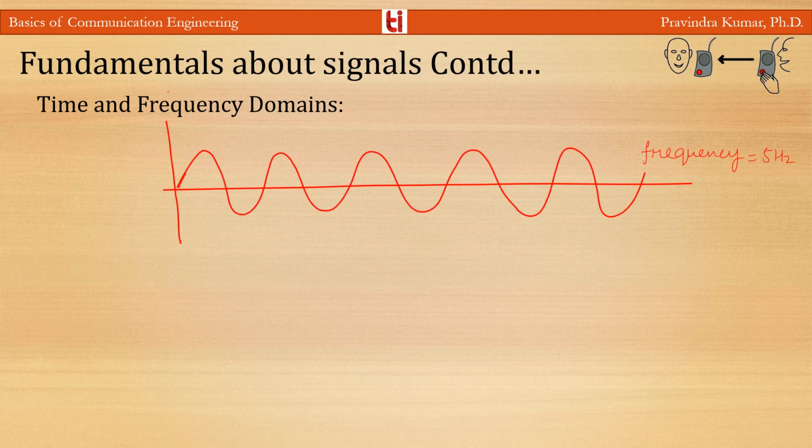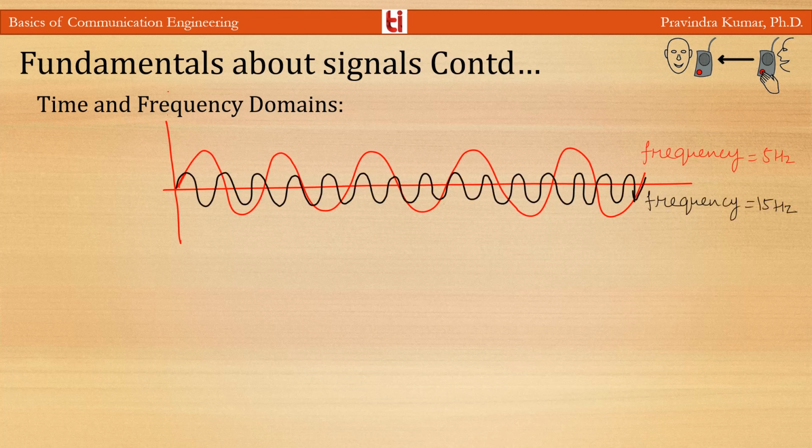For example, this is one sine wave having frequency 5 Hz, meaning in 1 second 5 cycles are completed. Another is a 15 Hz signal, meaning in 1 second it completes 15 cycles. The third one has frequency 0.